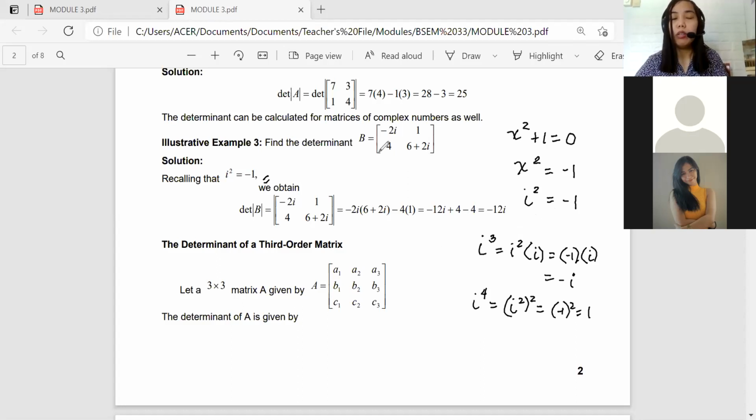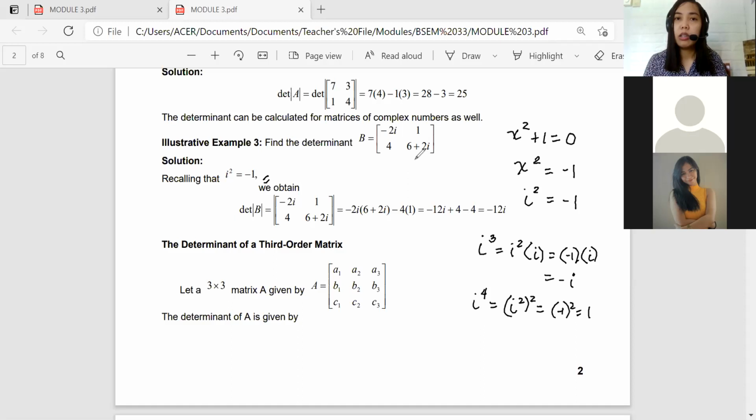And so when we find the determinant of matrix B, it's just the same. We will just multiply it diagonally minus the product of the other diagonal. So when we get the determinant of B, -2i multiplied by 6 plus 2i. The operations on complex numbers are just the same as how we multiply polynomials, or how we multiply integers.